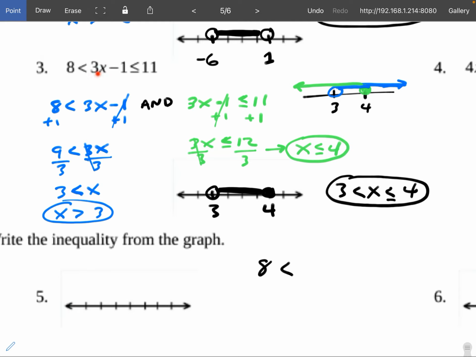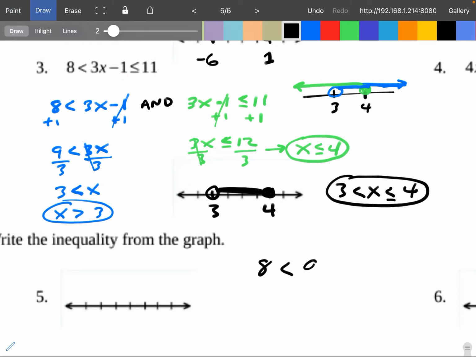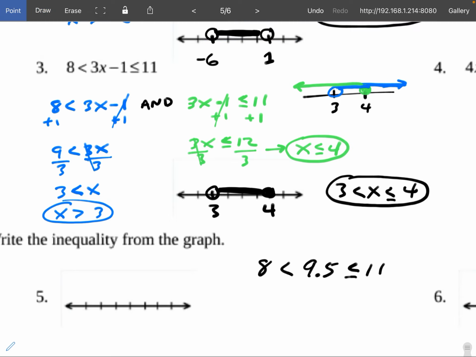So you'd have 8 is less than, well, then right here, we're going to do 3 times 3.5. So that's 10.5. 3 times 3.5, that's 10.5 minus 1. That'd be 9.5, right? And then we'd still have less than or equal to 11.